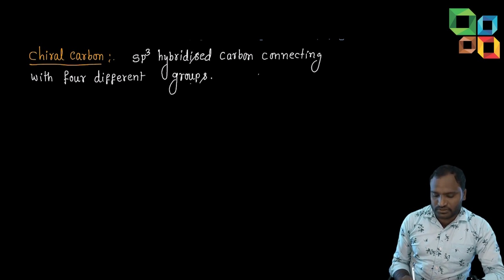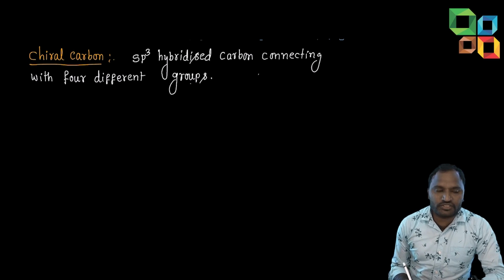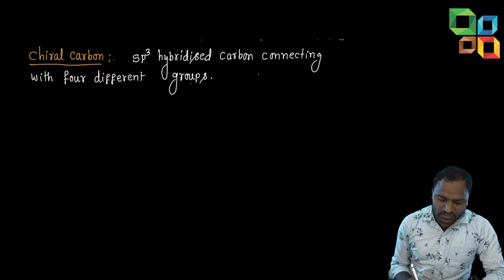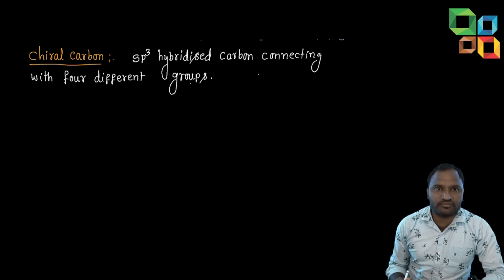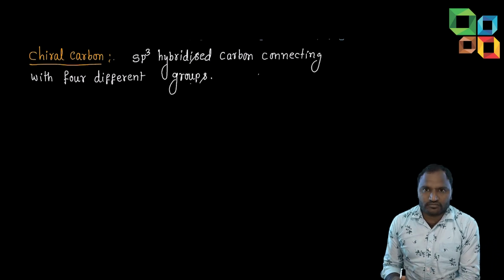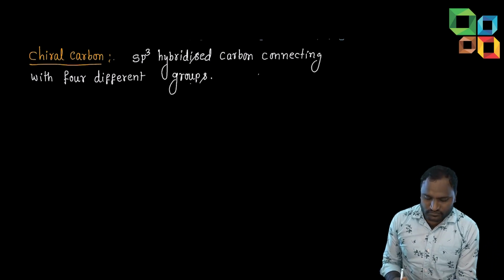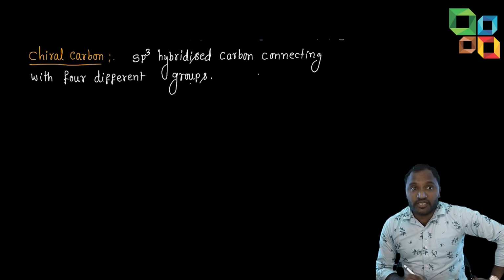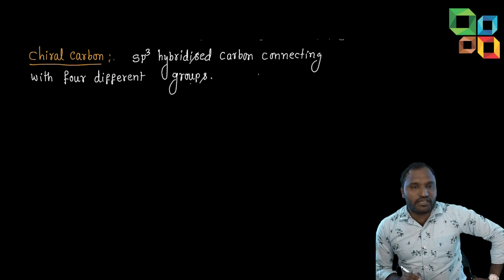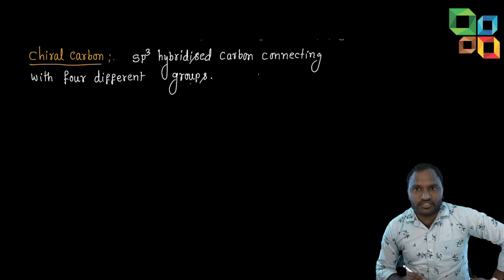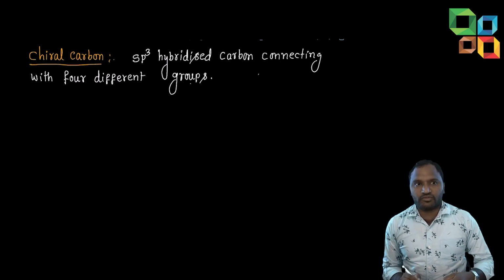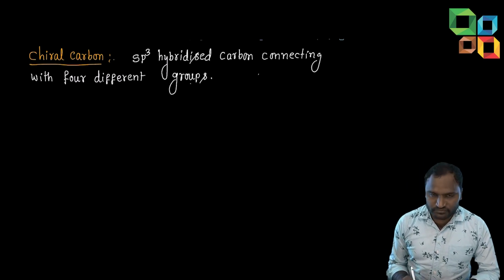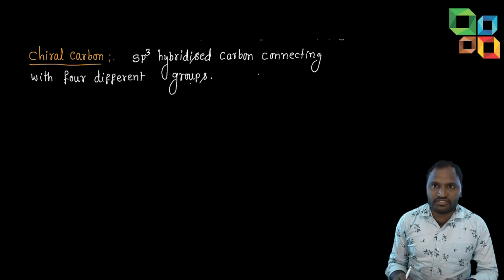Now, for examples, you tell me, students, which is a chiral carbon and which is not. Once I give these examples, you will get clarity. I will revise once again. After explaining the examples, once I write all the optical isomers, I will explain once more. You will get more clarity that time. Now listen, the basics you listen.